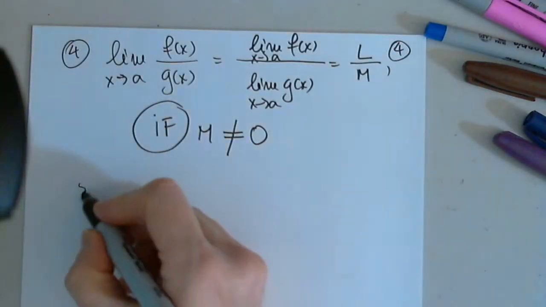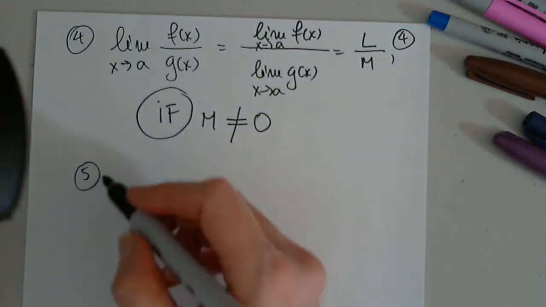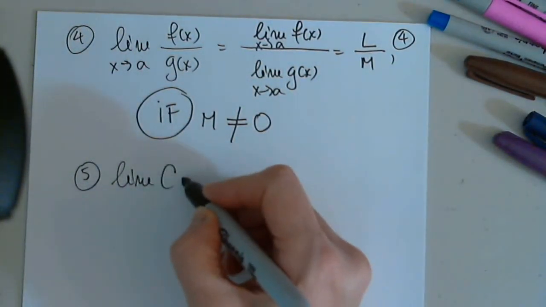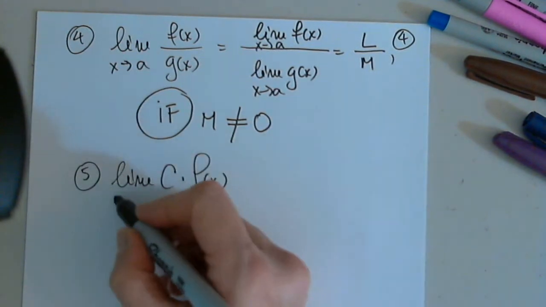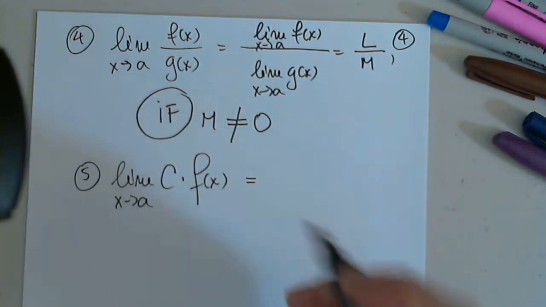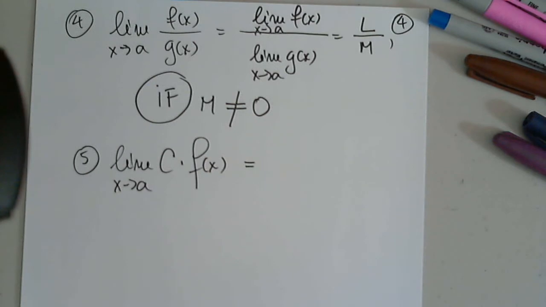Okay, number 5. Limit of a constant times a function as x approaches a from either side. Anyone will give it a shot? What do you think? Anyone?